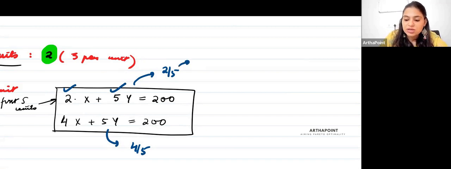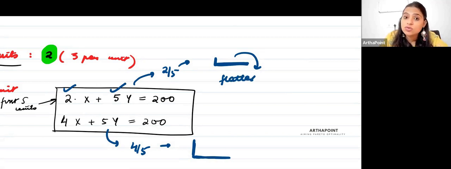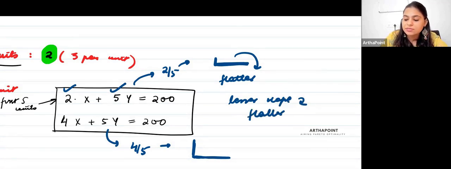So here, perpendicular is 2, base is 5. Here, perpendicular is 4 and base is 5. Are you getting it? So this line must be a flatter line. And this is the rule: the lesser the slope, the flatter the line.